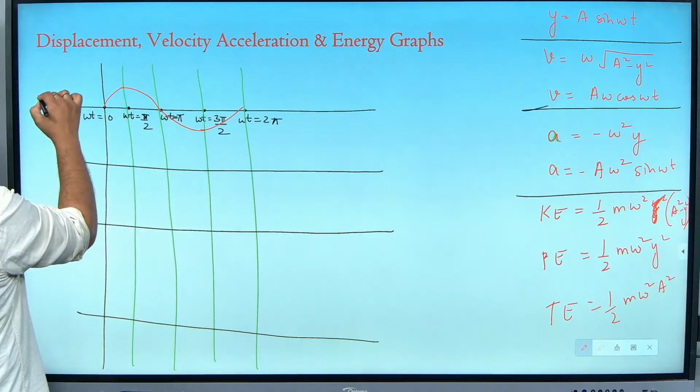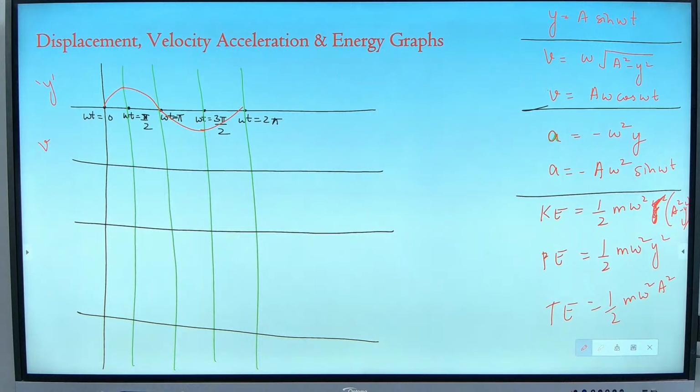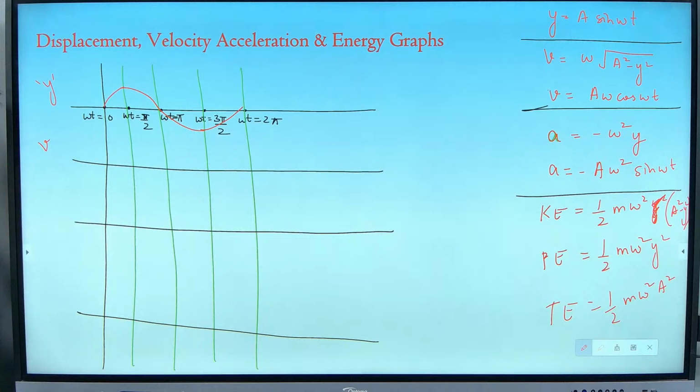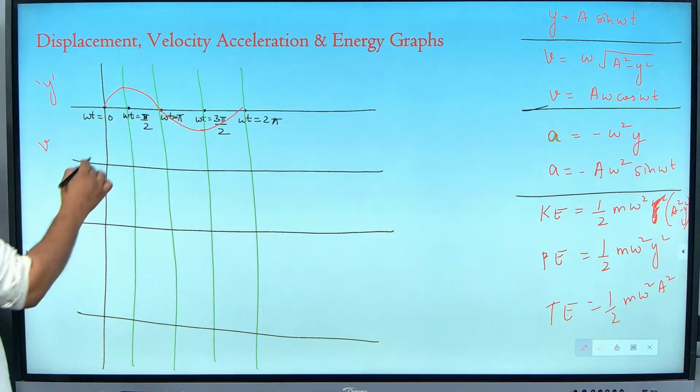Next, this was the equation of what? Displacement. Next is the equation of velocity. Velocity is what at the mean position? 0. Very good. At the mean, the value of velocity will be how much here? Y is equal to 0, it will be plus or minus omega a, isn't it? So, plus omega a.